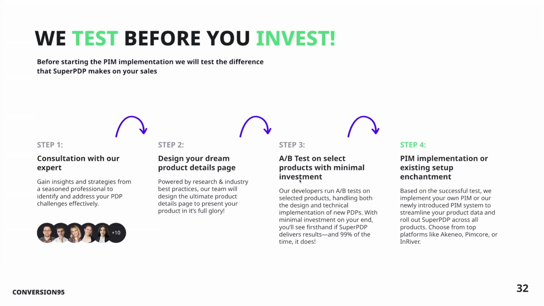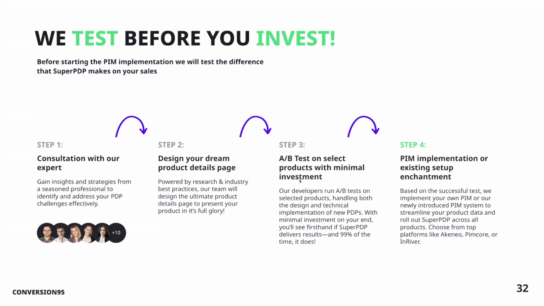Then once this, so to say, super product page is ready in design, we test it on select few products with minimal investments, because if we were to implement this right away without knowing its actual uplift, then we couldn't say that we're certain.